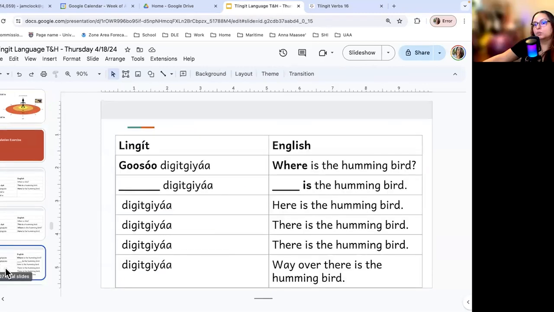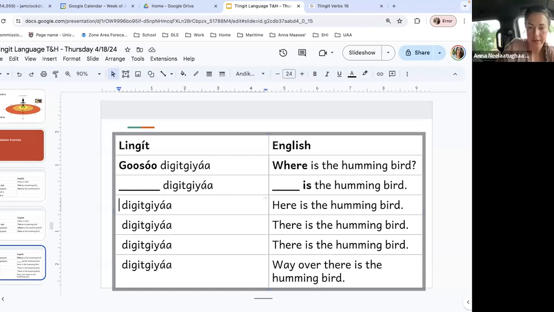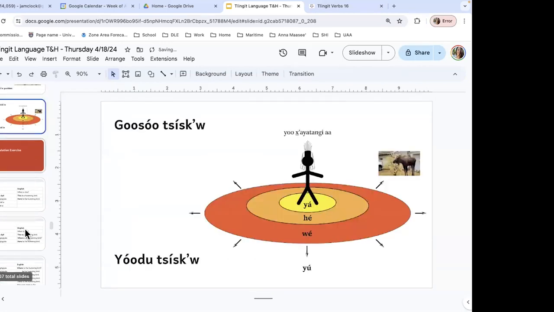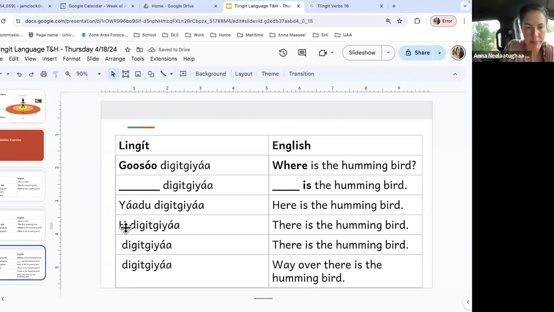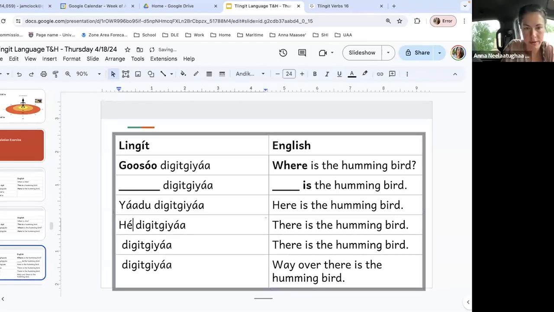Okay. So what is here is the hummingbird if it's right close to me. Yadu. Yeah, it'd be Yadu. What if it's like across the table from me? Weidu, yeah, maybe Weidu, or probably more likely Heidu. And then a little bit farther away would be, like you said, Weidu.